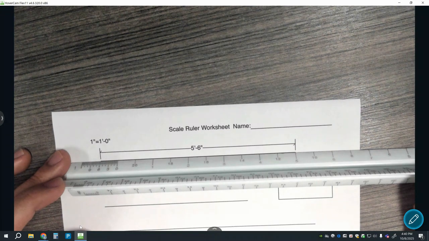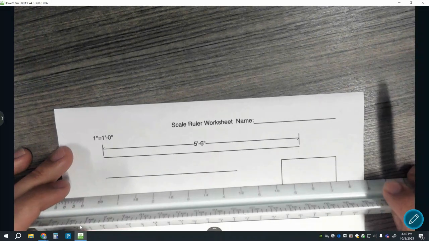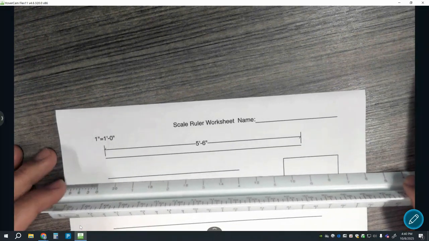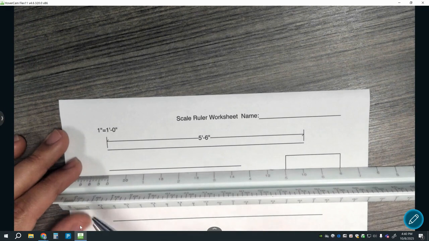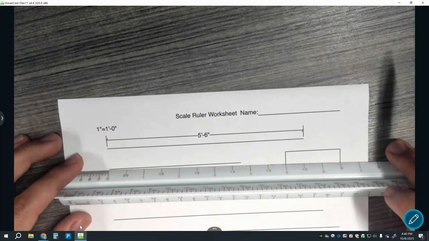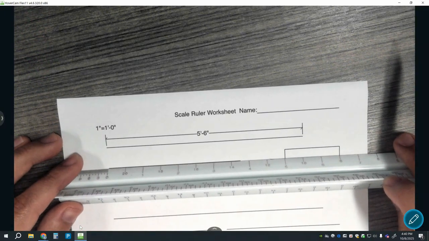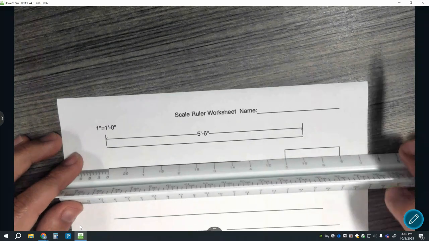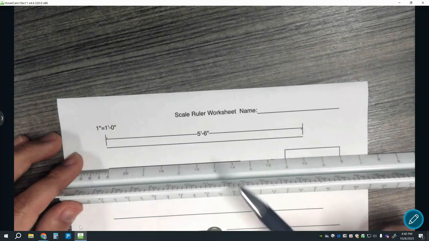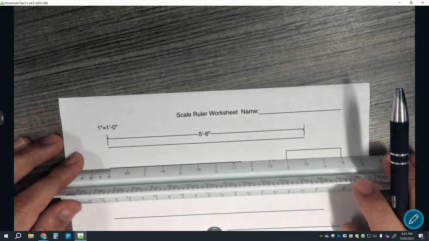So now that we have this answer here, let's go ahead and do the next line. Once again, we follow the same steps. We start from 0. Notice how we're still using the same scale, the 1-inch scale. We're going to start from 0, and we're going to count. Because if I don't count, I'm going to think that 14 must be the whole number and scoot it over to the 14, but that would be incorrect.